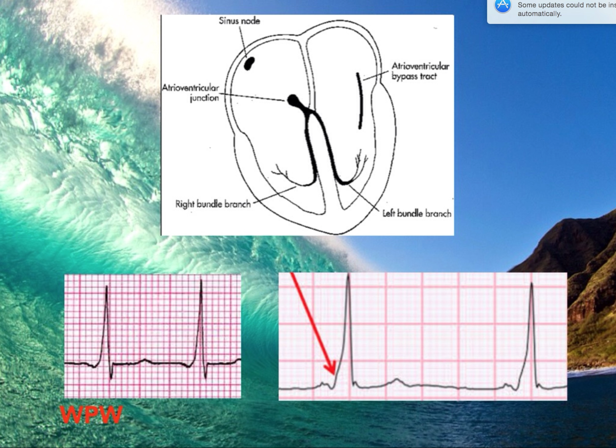So it's an accessory pathway. What happens is you get a signal coming down from the sinus node, and some of it goes down here. The part that goes down the accessory pathway will pre-excite the ventricles, so they start depolarizing, and you get this early upslope right here.